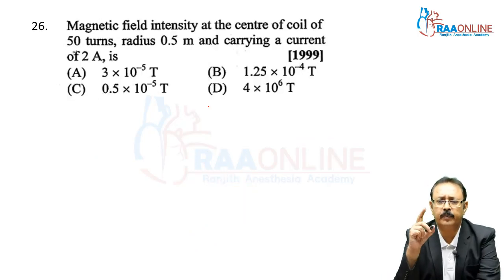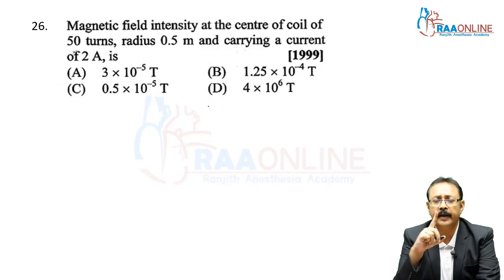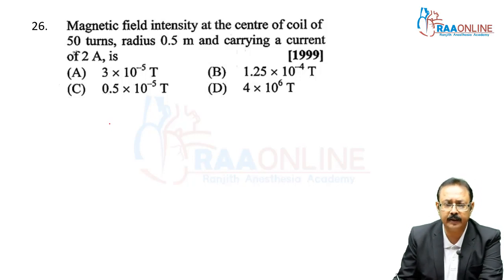Next, it is from 1999 AIPMT. Magnetic field intensity at the center of coil of 50 turns radius, direct problem. All physical quantities are given. What you need? Magnetic field means mu naught Ni by 2R.